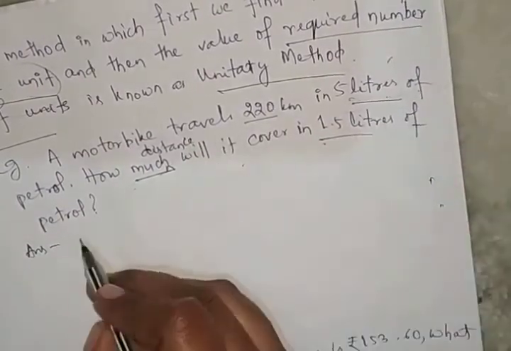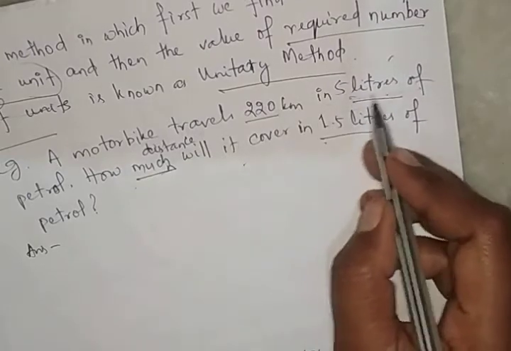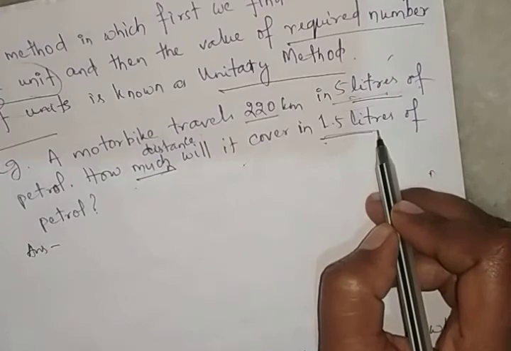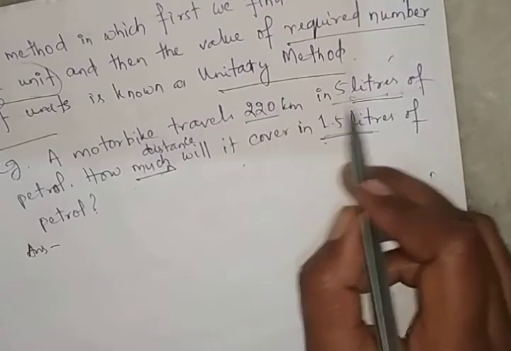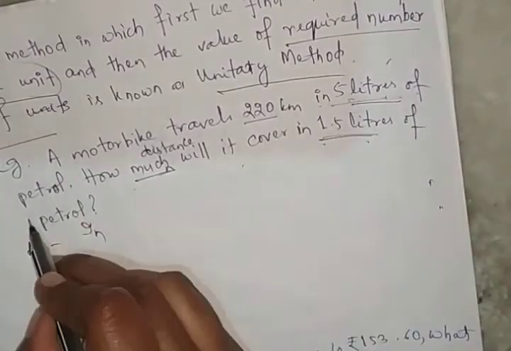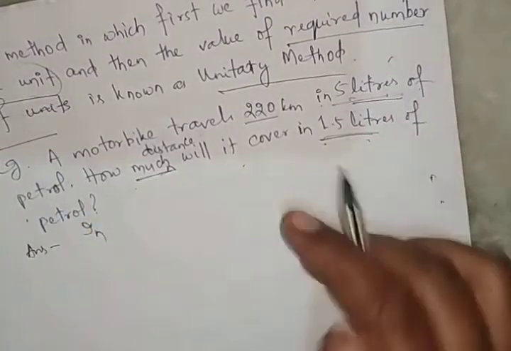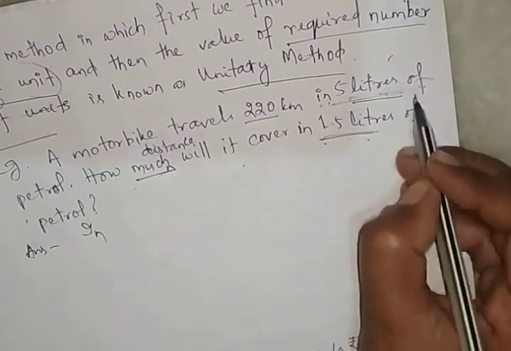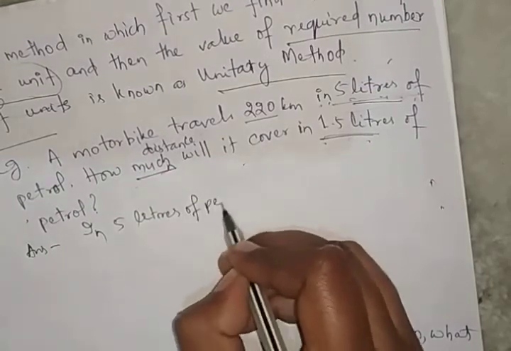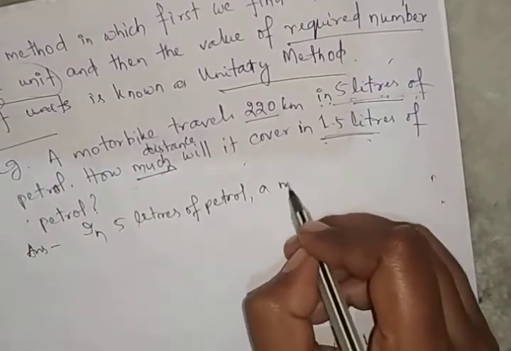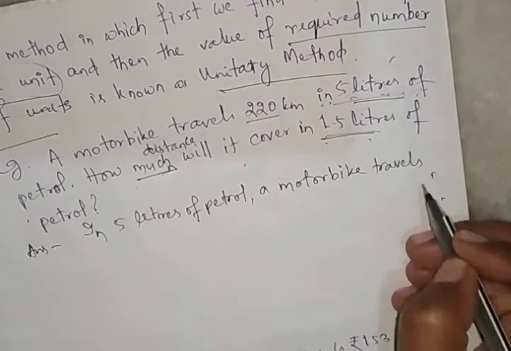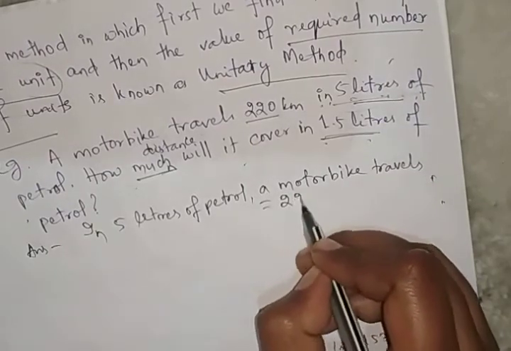First you will write the first sentence: a motorbike travels 220 km in 5 liters of petrol. Here petrol quantity is given, so you write the same sentence in a different way: in 5 liters of petrol, a motorbike travels how much? 220 km.